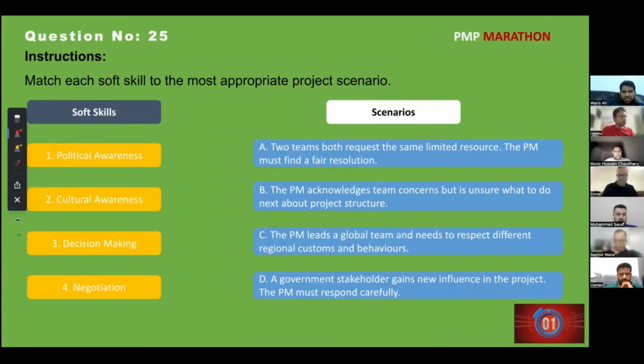Well done. Next, for negotiation, we have the PM acknowledges the team's concern but is unsure what to do next. No, I'm confused about the last one. Which one is left? Negotiation would be A. A team requests, find a fair solution means negotiation, and he's unsure what to do, that is decision making. Okay.